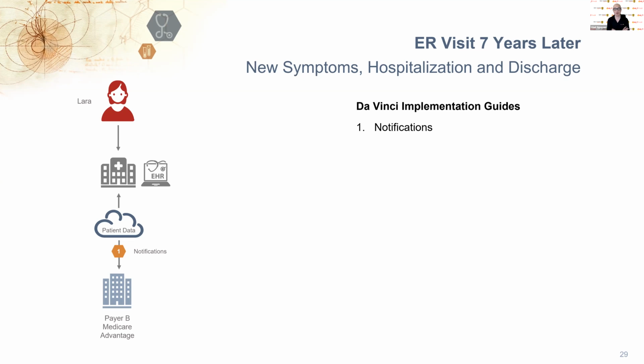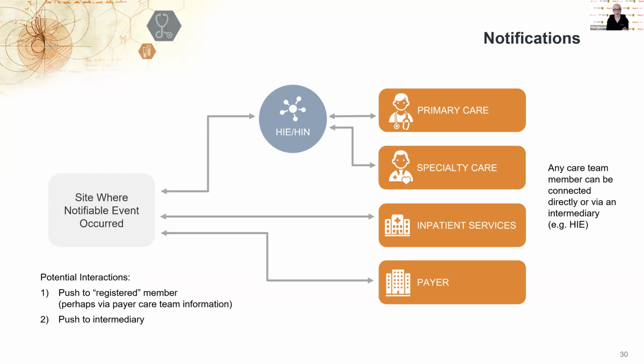And once it's at a point where it's published, we will revisit notifications and show how we would do ADT via the subscriptions approach. So again, this is sharing of the ADT information between the care team, which may be primary care providers, specialty care providers, other facilities, as well as the payer.